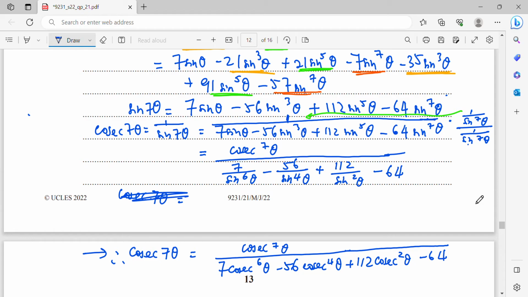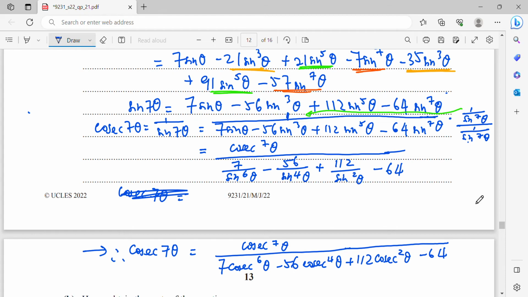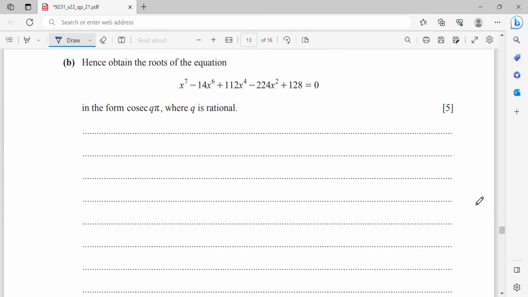Now part B, hence obtain the roots of the equation. So hence means use previous answer. So now I will rewrite.